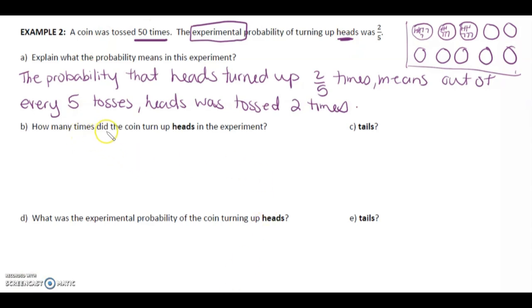Okay, B, how many times did the coin turn up heads in the experiment? So that's in the entire experiment. How many times? So here's the thing. The coin turned up heads 2 out of 5 times. So we want to know, what is that out of 50? So what number can we multiply 2 and 5 by so that 5 times this number equals 50?